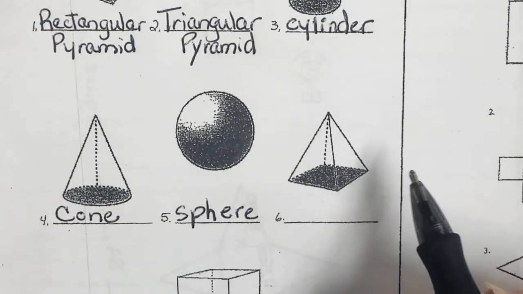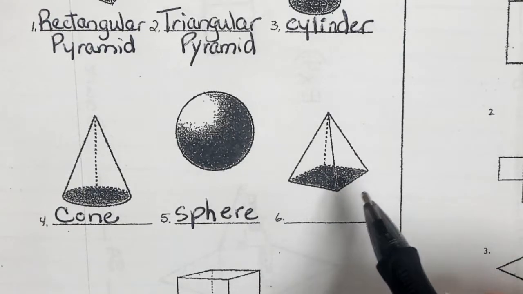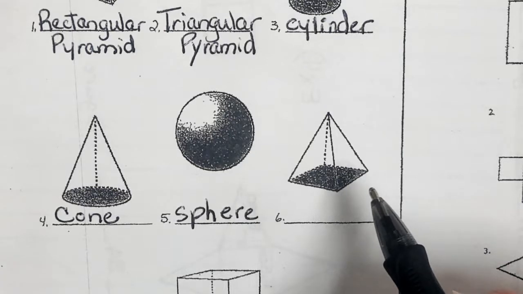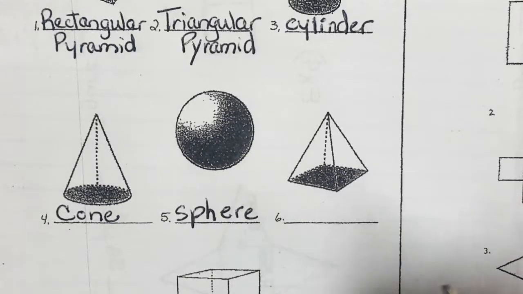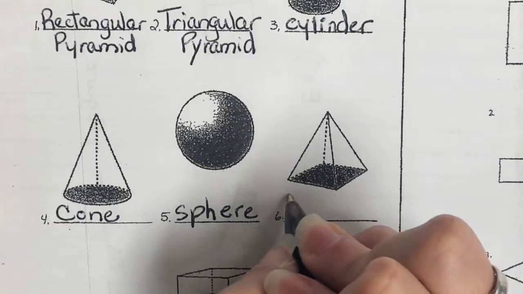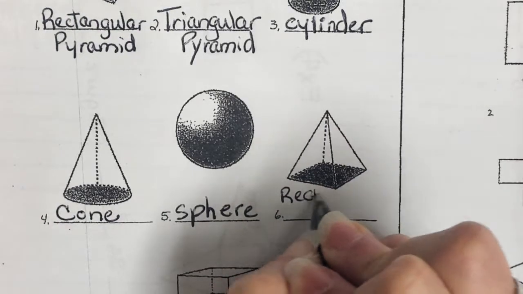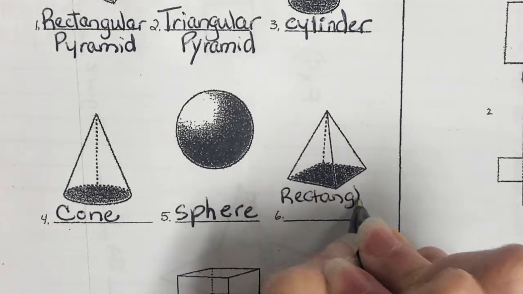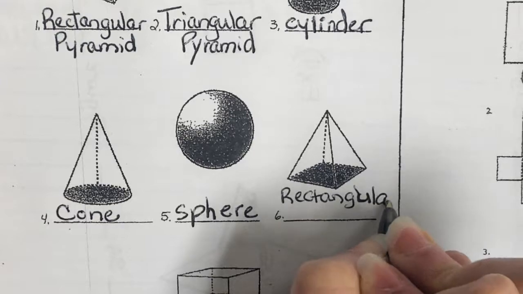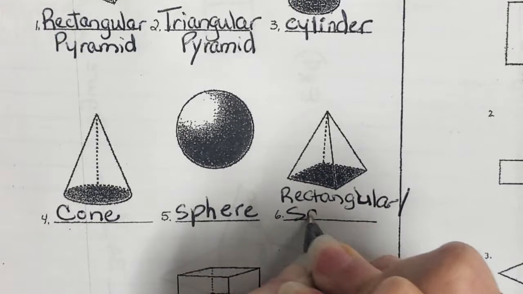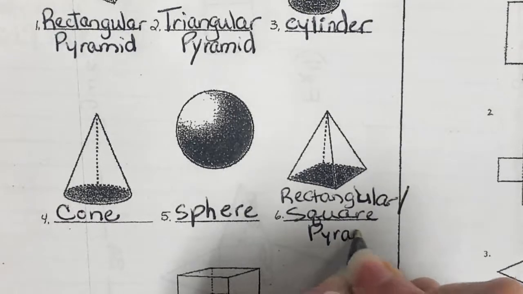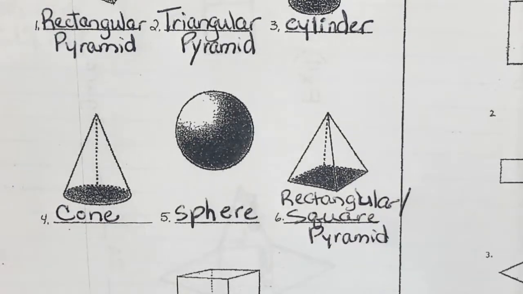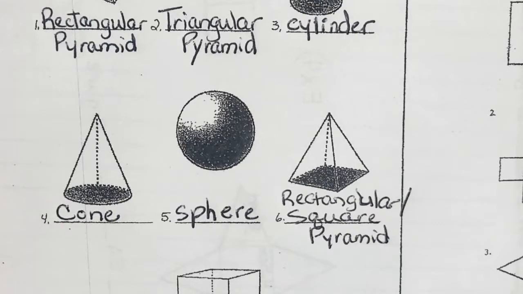Okay, 6. We normally call it a rectangular pyramid, but this one you could also call a square pyramid. Either one. I would take either answer, rectangular or square pyramid.